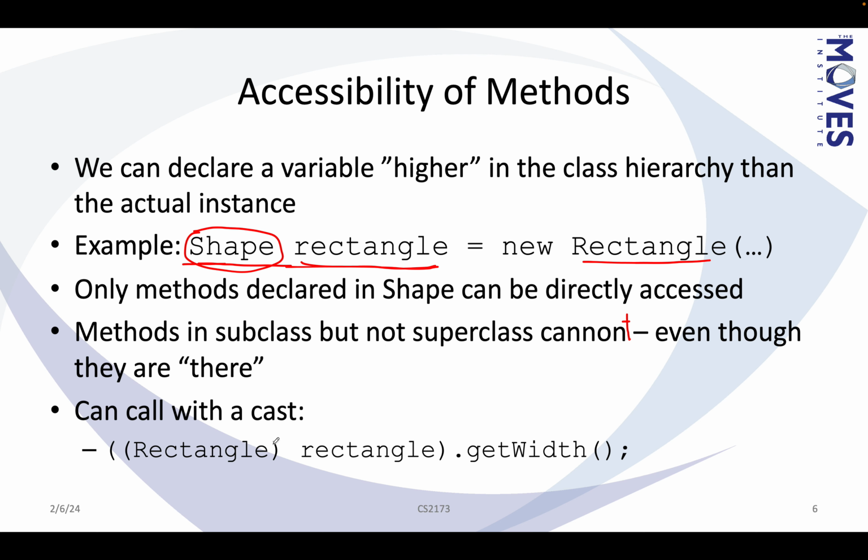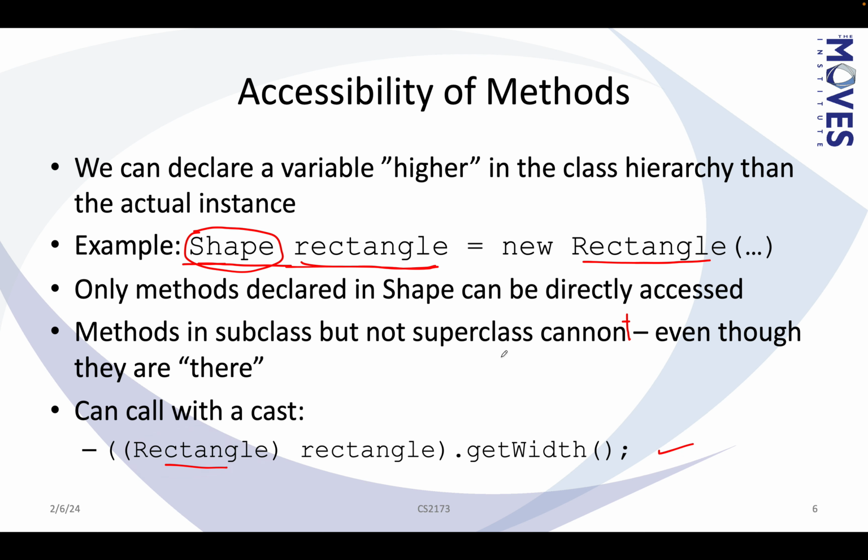I can do it if I cast it, in this case, to a rectangle. The virtual machine will say, okay, I'm going to assume that you know what you're doing. So if you cast this to a rectangle, it says, now I'm going to coerce this variable to be a rectangle. And by the way, the rectangle class does have a getWidth, so this will pass.